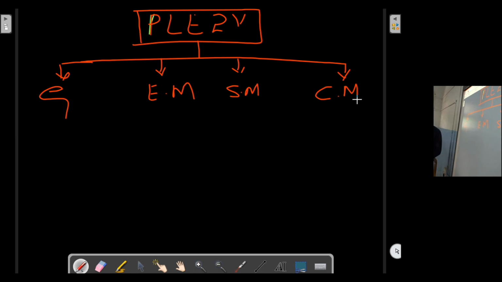By using all these four methods, you can get the solution of a pair of linear equations in two variables.